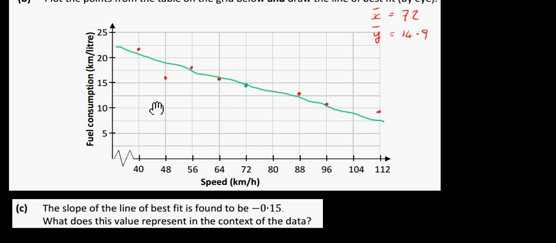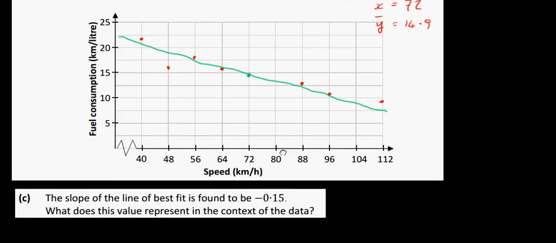So we can see that the fuel consumption, the number of kilometers you can do per litre, decreases by 0.15 for every 1 kilometer per hour that you increase. So if you increase your speed by 1 kilometer per hour, the number of kilometers you can do for each litre is going to decrease by 0.15.